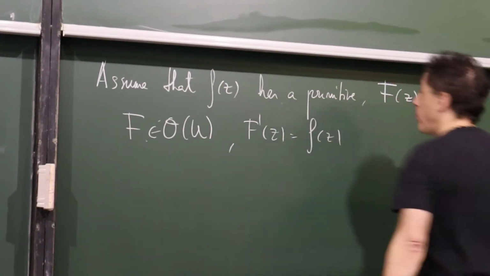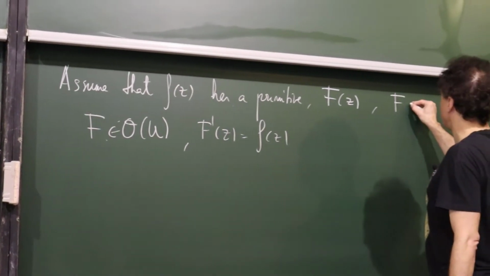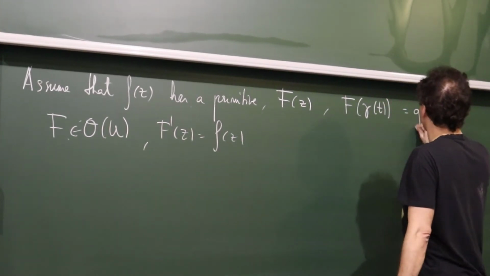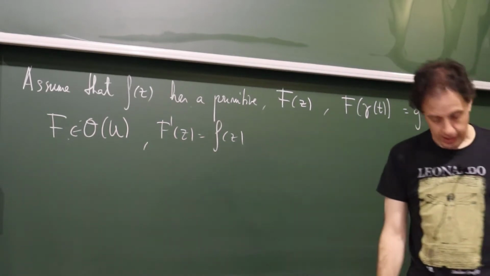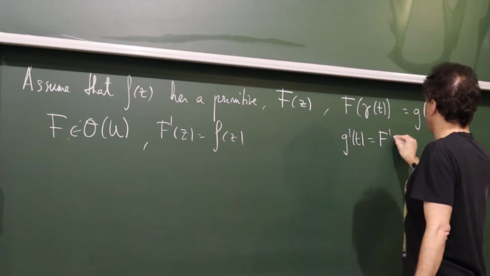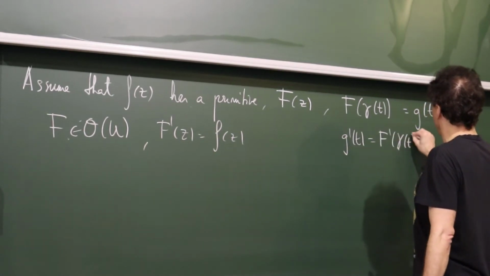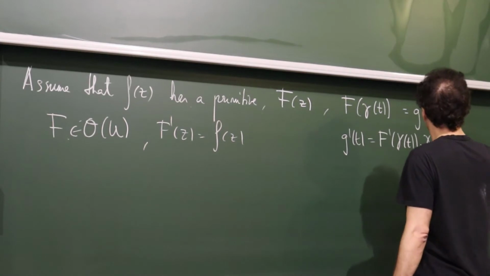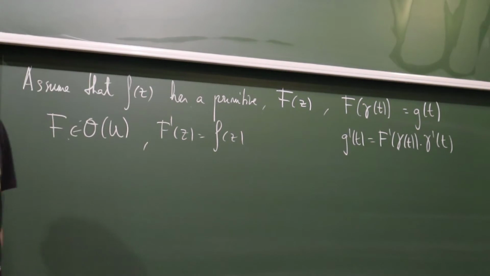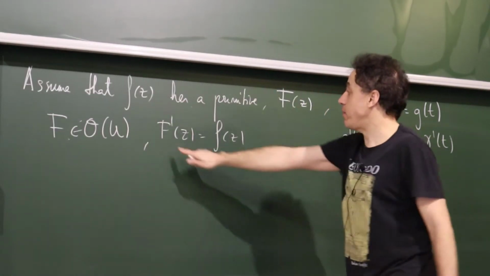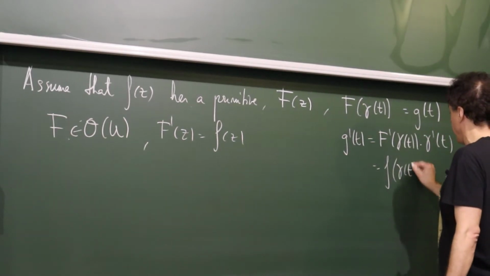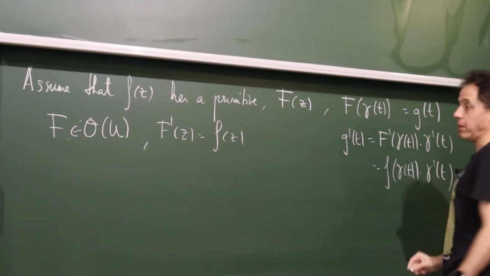So if you have a primitive here, consider this function, called g of t. And if you take the derivative of that, the usual composition rules, the chain rule, applies here. So if the derivative of big F is small f, this is small f of gamma t times gamma prime t.